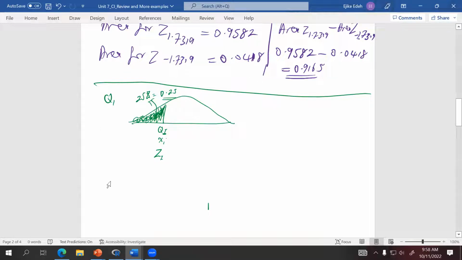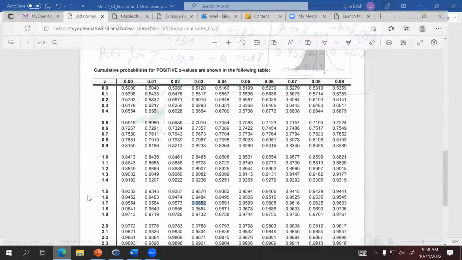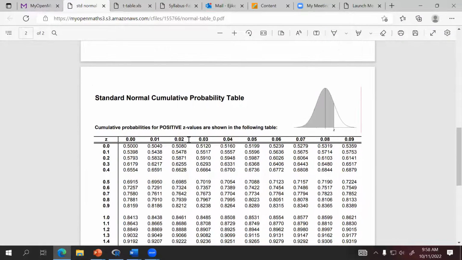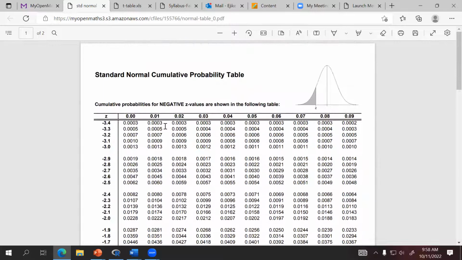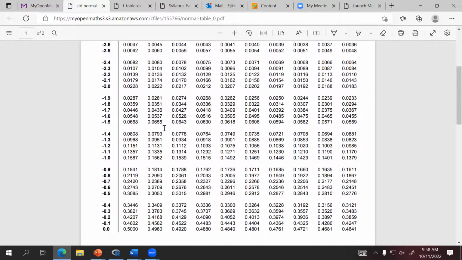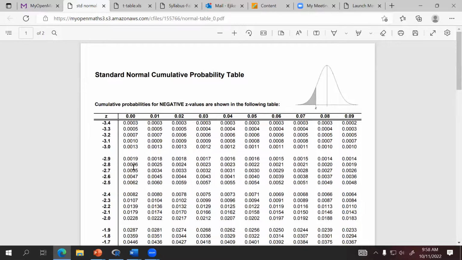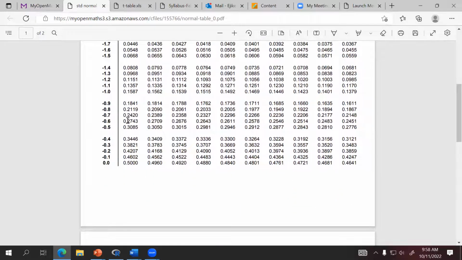So let's go to the table quickly. We're looking at the normal table again, looking for 0.25. 0.2 is over here; I'll just go through the first column, right? 0.24 is here, 0.27 is here, which means I have to come back here and move all the way until I get 0.25.